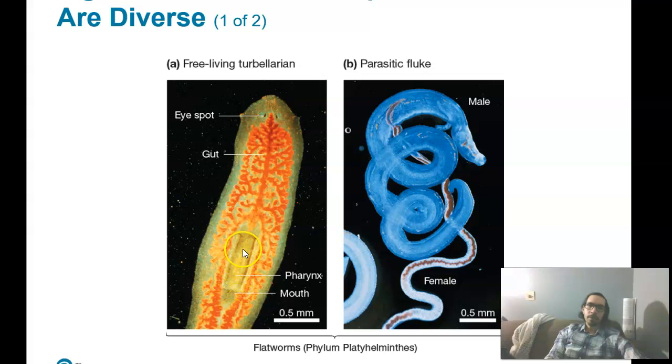You can see the pharynx here, and then from the pharynx it goes into the gut, and from the gut it'll be delivered to other parts of the body with this diverticula, with the branching here. To get rid of the solid waste, it has to exit through the mouth also.